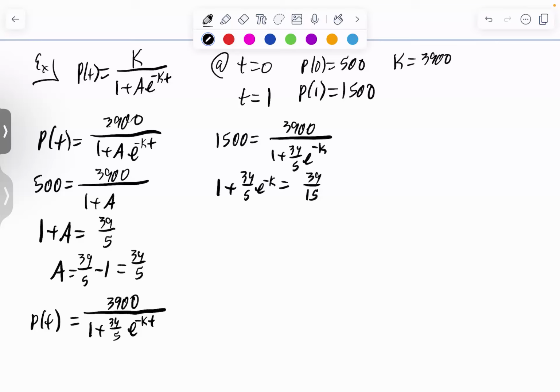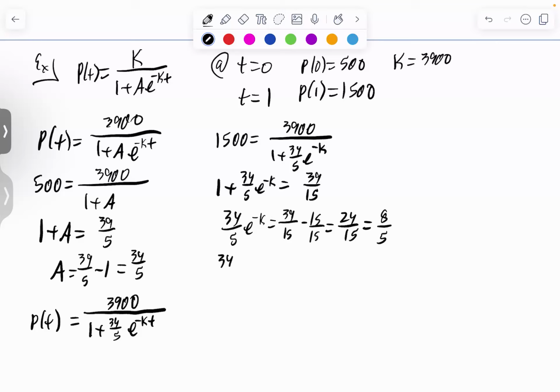I'm going to subtract a 1. That's going to give me 39 over 15 minus 15 over 15, which is 24 over 15, which reduces to 8 over 5.